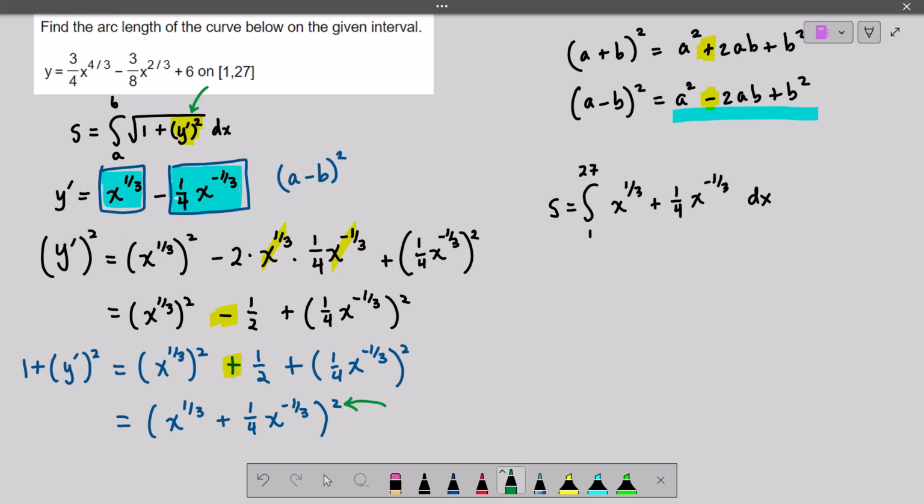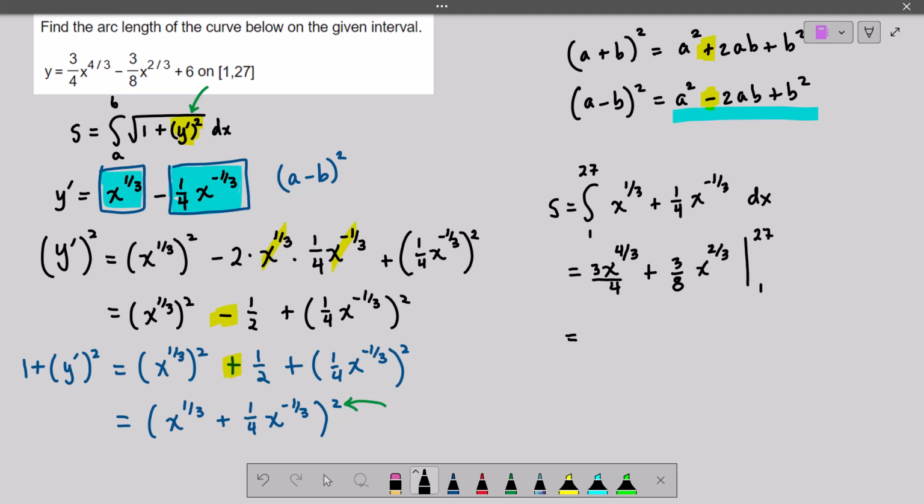And now we just have to do our direct integration here. So we will end up with x to the 4/3 divided by 4/3 plus x to the 2/3 divided by 2/3, which means multiplied by 3/2. So that will give us 3/8 from 1 to 27.